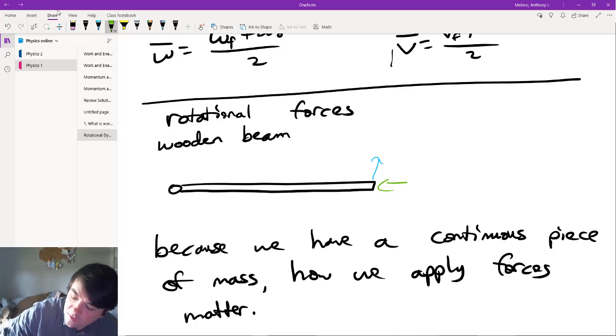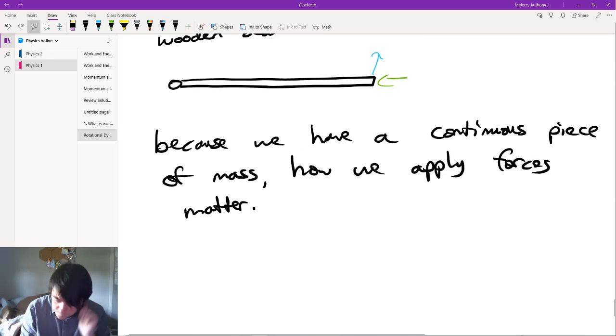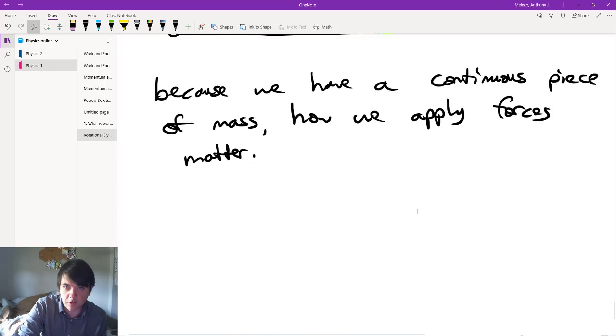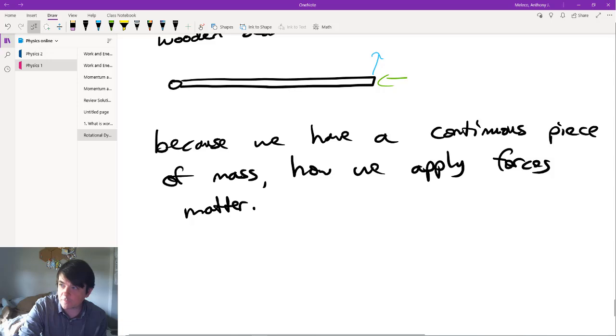The same thing is true here, in that how you apply the force matters. So here's the equation for that. Torque is going to be the byproduct of this.